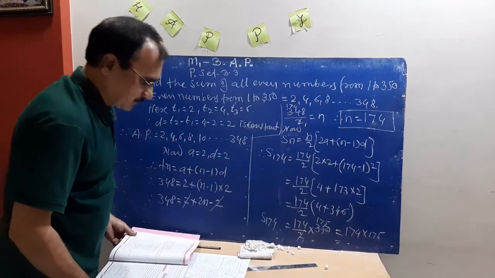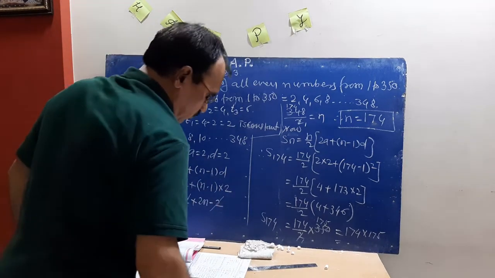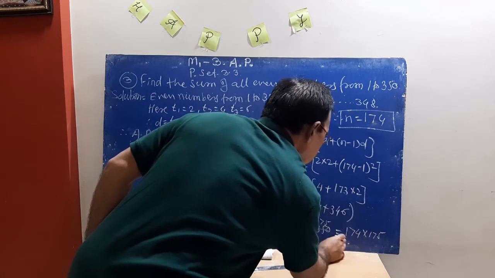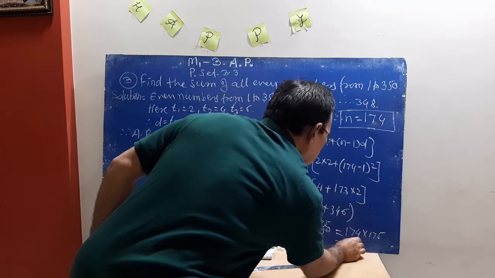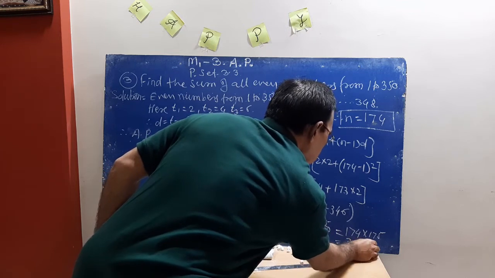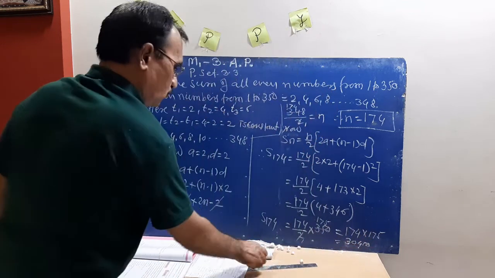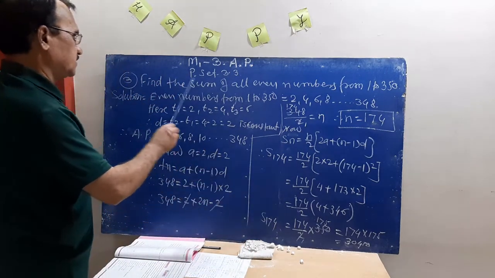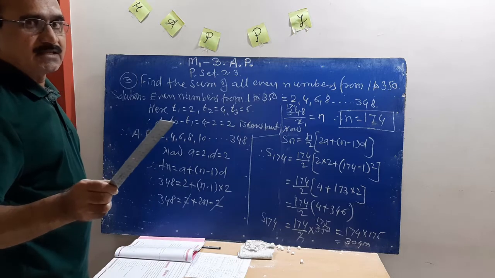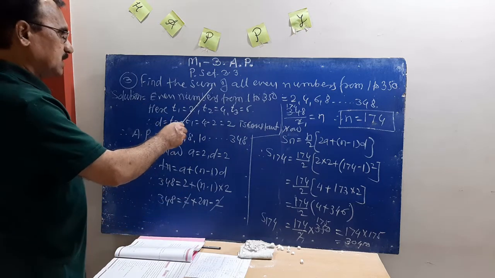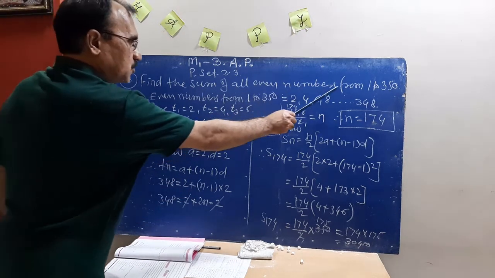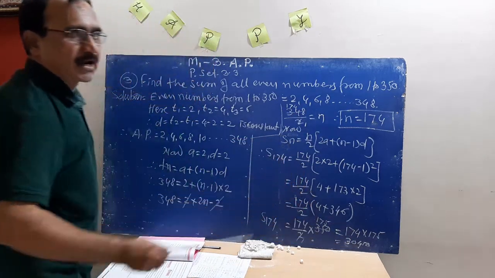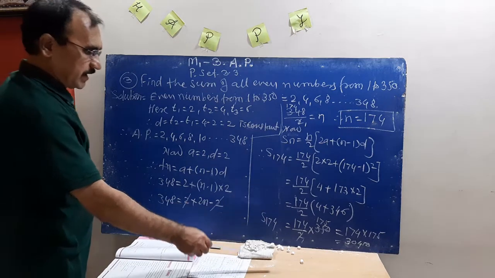So the last sentence of your answer is: the sum of all even numbers from 1 to 350 is 30,450. This is your final answer.